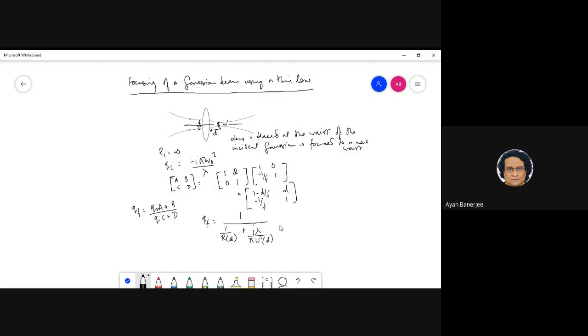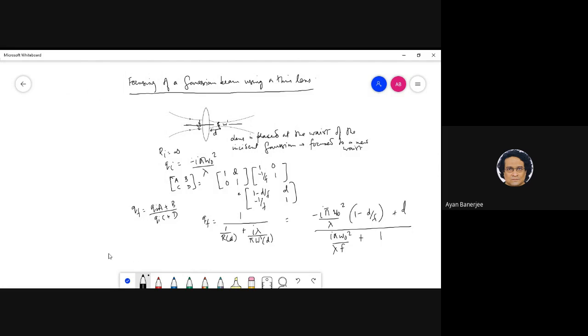So this is my formula, and this will be equal to minus i pi w0 squared by lambda times 1 minus d by f, plus d, divided by minus i pi w0 squared by (f lambda) plus 1. Q_i was minus here, so this term is plus 1. Okay, great.